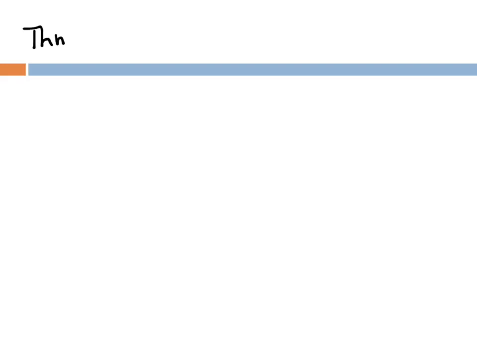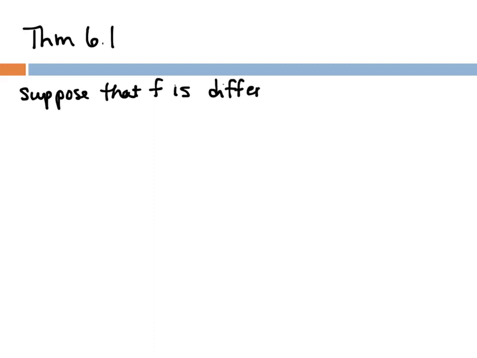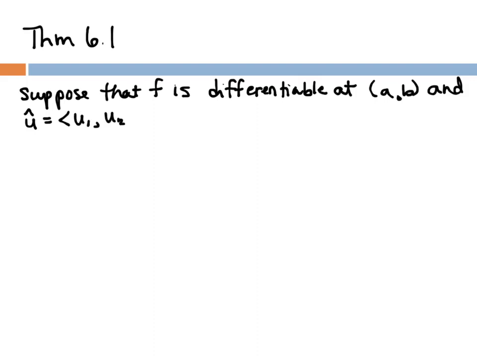So Theorem 6.1 tells us that suppose that f is differentiable at the point a, b, and we've got any unit vector u, we're going to use u1, u2 as its components. This is any unit vector.